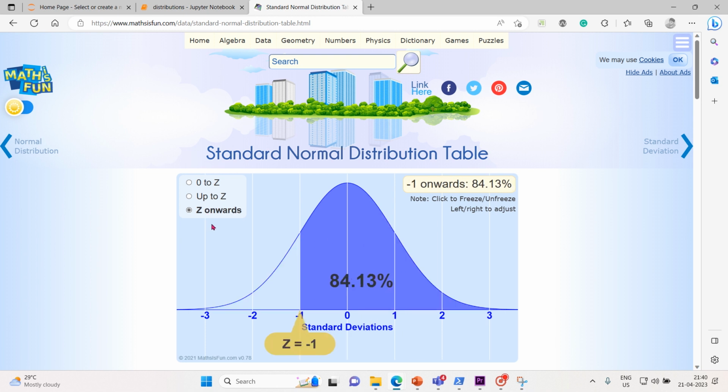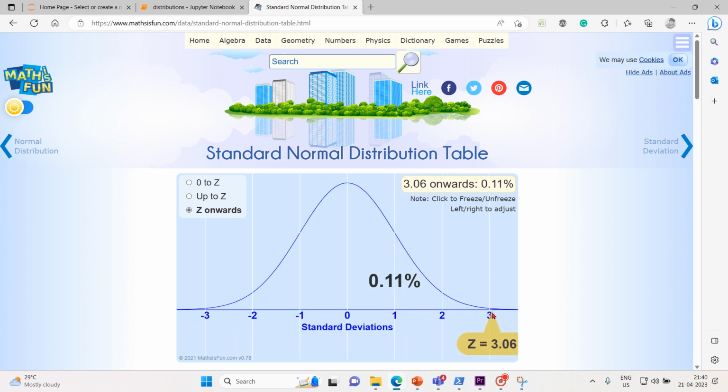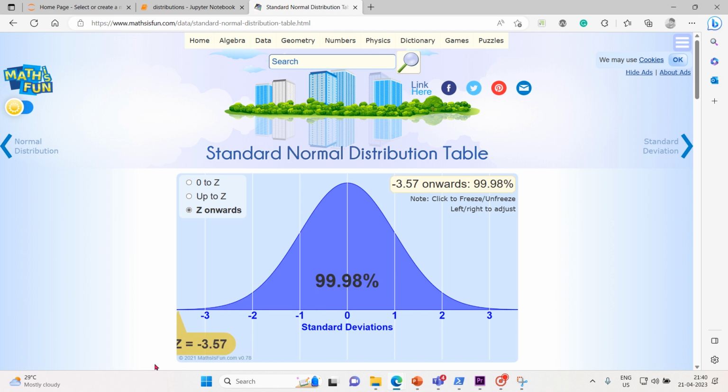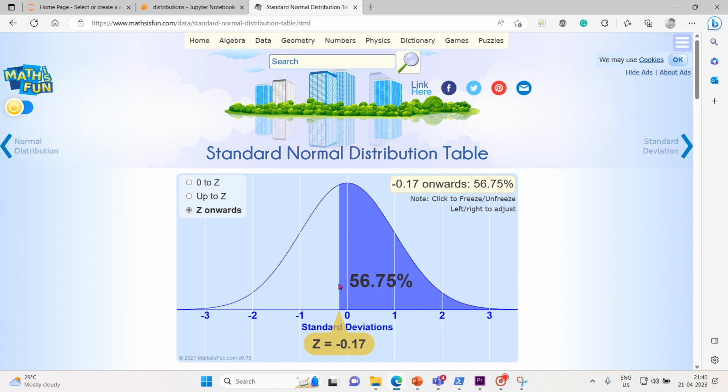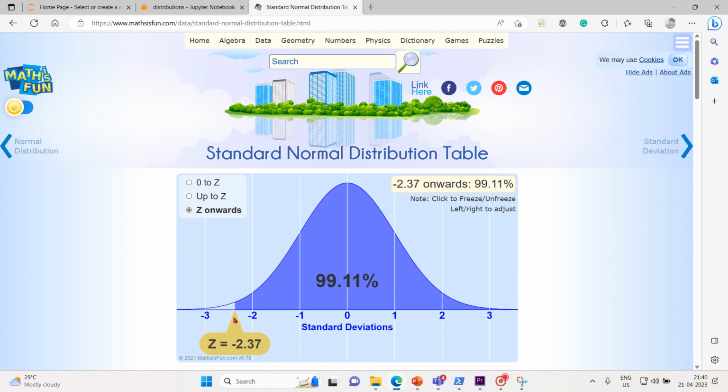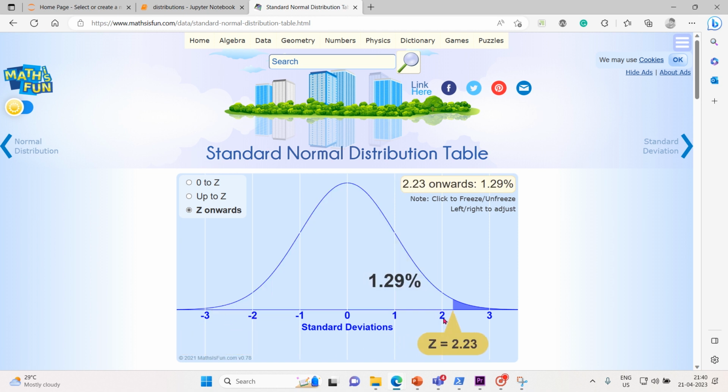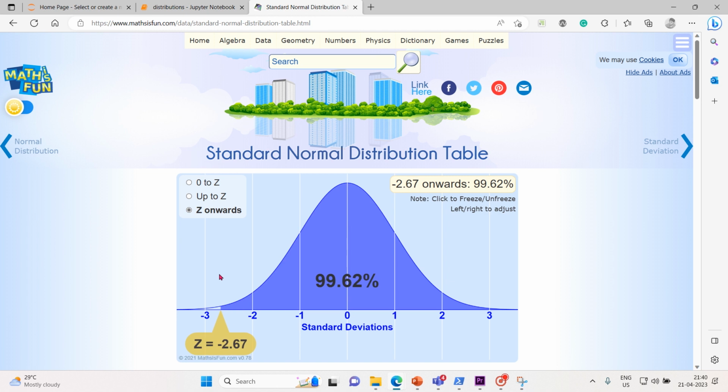Now let me go for the Z downwards. Here I started from this side. This is the Z. Again, 3 is 0.21 percentage, 1 is 15.62, then 53.8, and 97.72 percentage. That's how you take it.